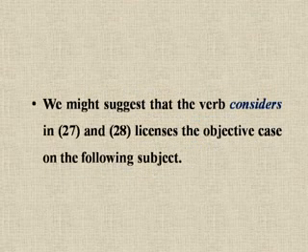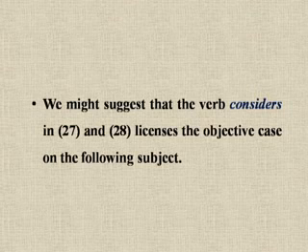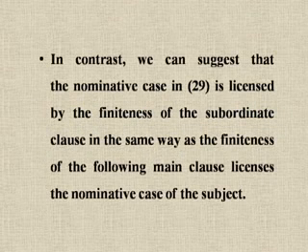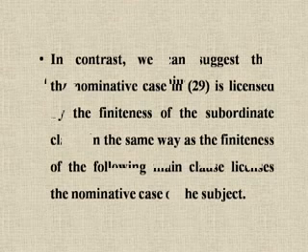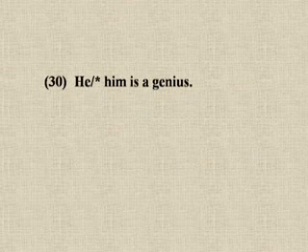We might suggest that the verb consider in (27) and (28) licenses the objective case on the following subject. In contrast, we can suggest that the nominative case in (29) is licensed by the finiteness of the subordinate clause, in the same way as the finiteness of the main clause licenses the nominative case of the subject in He is a genius.